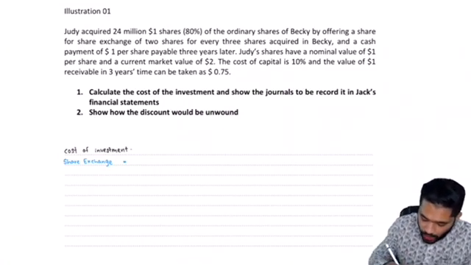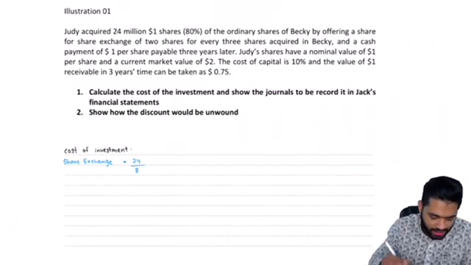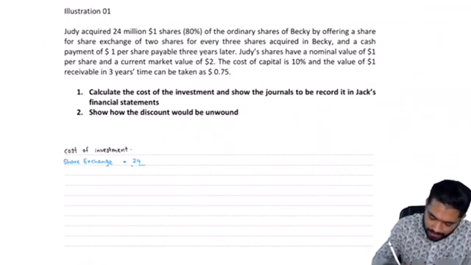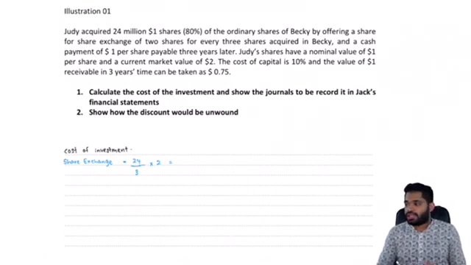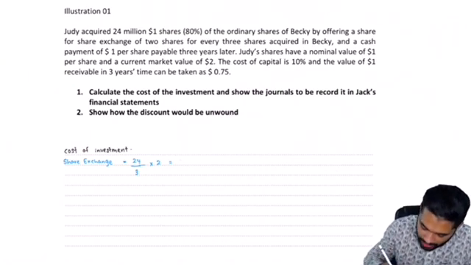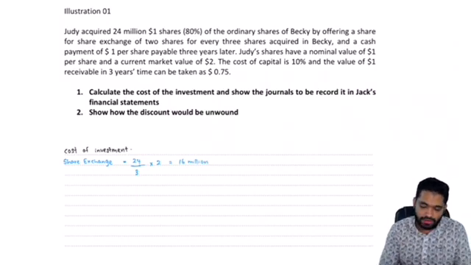So we have acquired 24 million shares. So 24 million divided by 3 into 2, you'll be getting the amount of shares that you have issued, so you have issued 16 million shares from the parent, right?